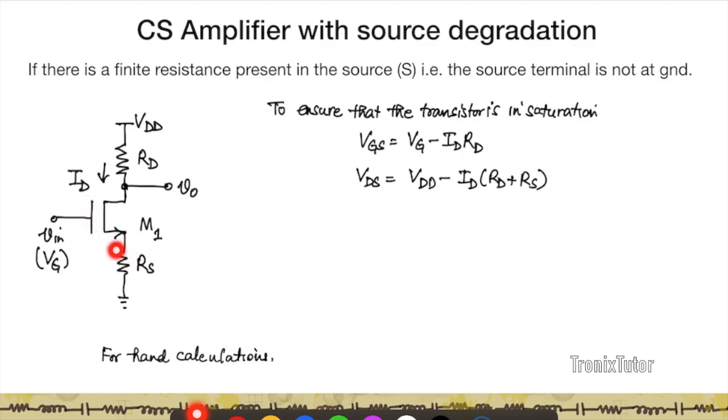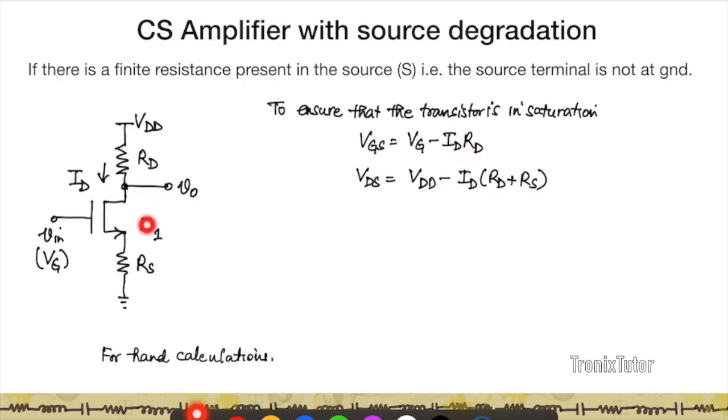So the VGS of this transistor is no longer the gate bias VG because the source of M1 is not at ground anymore. The source of M1 is at some ID RS above ground, right? Because there is a constant bias current of ID that flows from the drain to source of the transistor. So therefore VGS of M1 is given by VG minus ID RS.